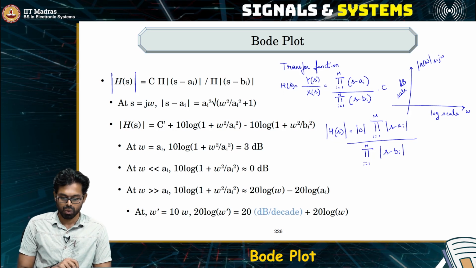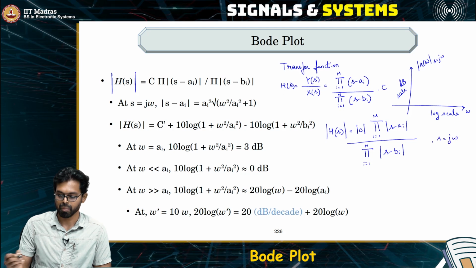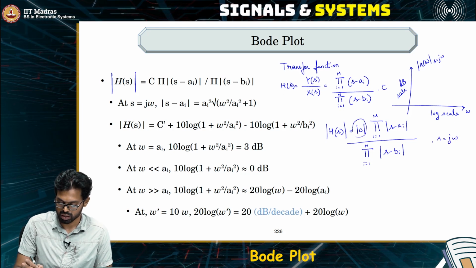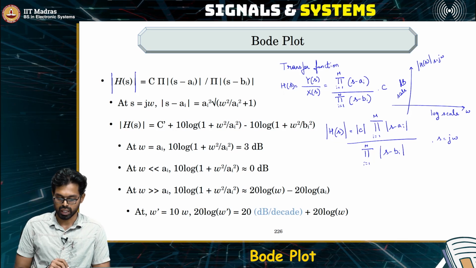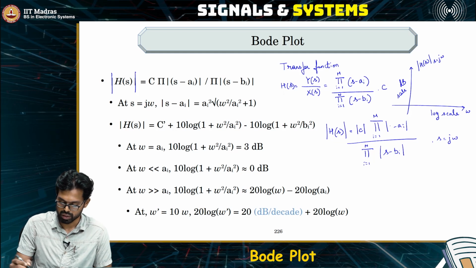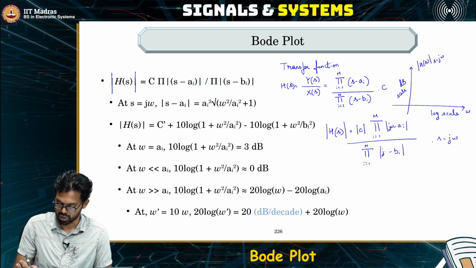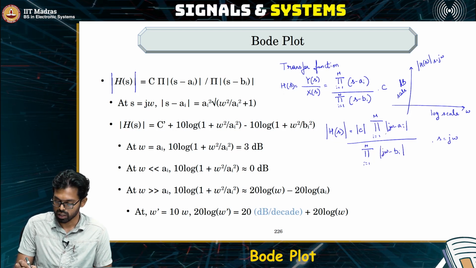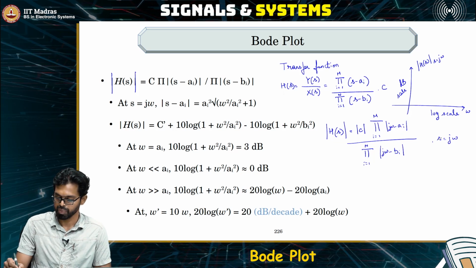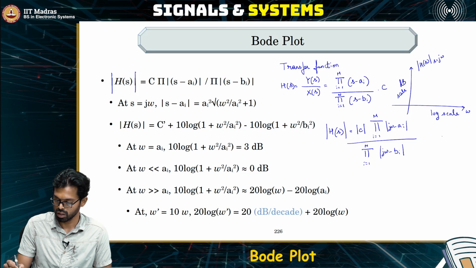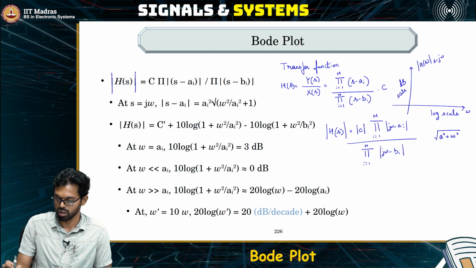Now what happens when we substitute s equal to j omega? This is still just a constant, independent of the value of s, so that does not get affected at all. Instead, here we'll just substitute j omega in each factor. And what is the magnitude of this complex number? The magnitude of this complex number is root of a square plus omega square.